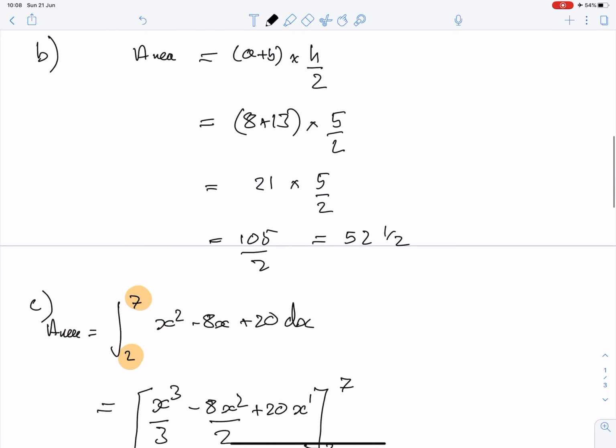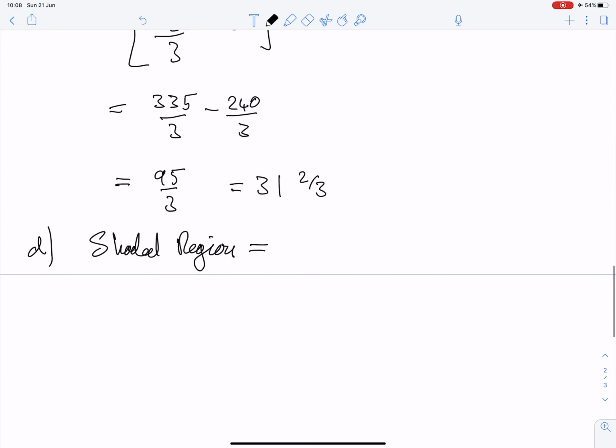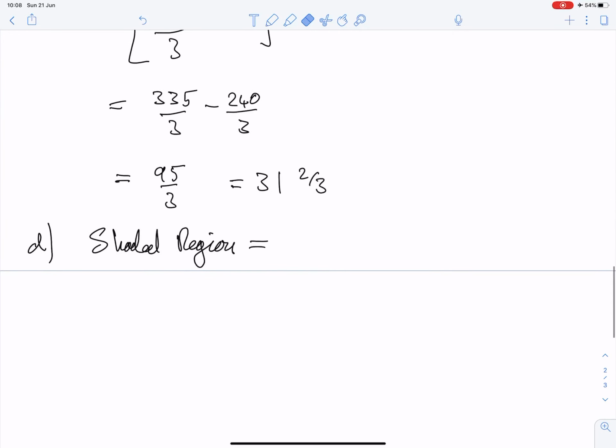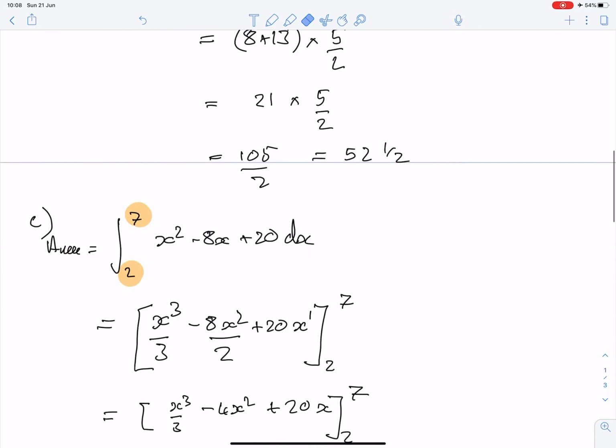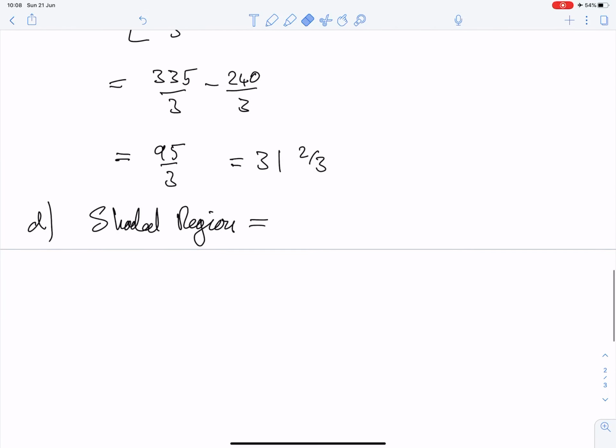the trapezium, which we did have as 52.5, which was 105 over 2, minus 95 over 3. Notice the way I've gone back to fractions.